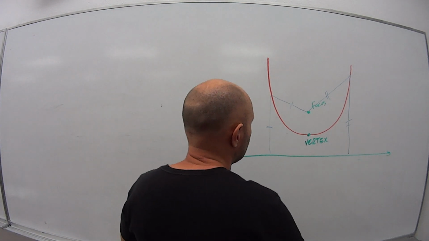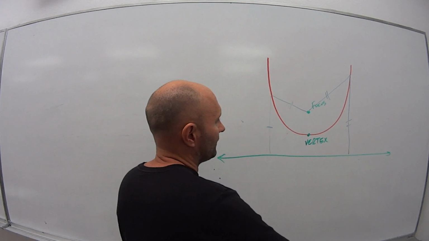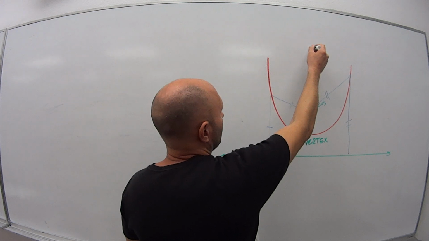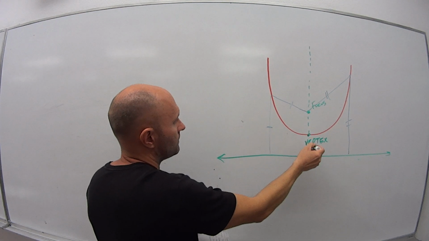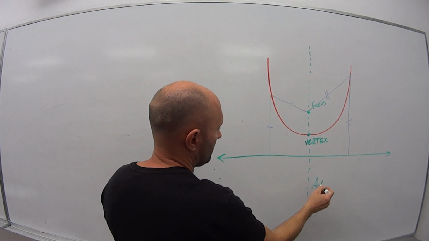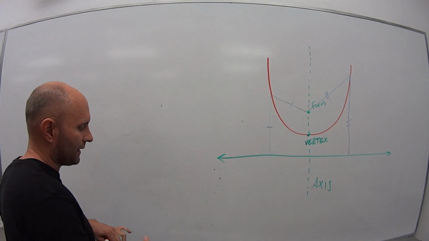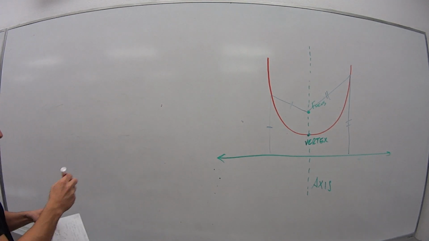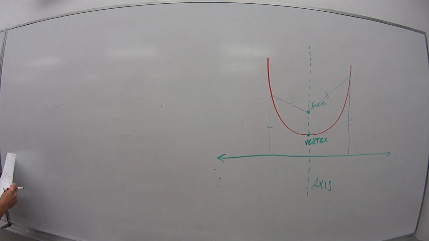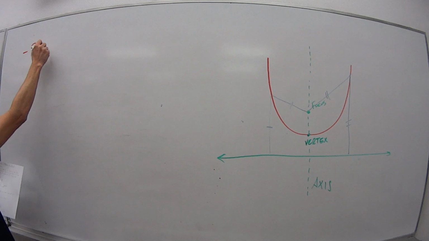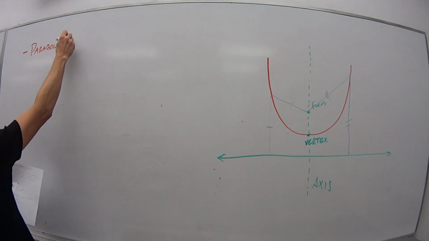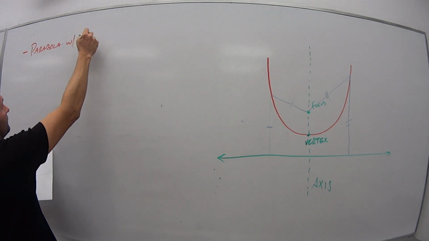The axis is the line that cuts the parabola in half, and vertical means straight up and down. So again, that's what you're used to seeing. The property of that is as follows.